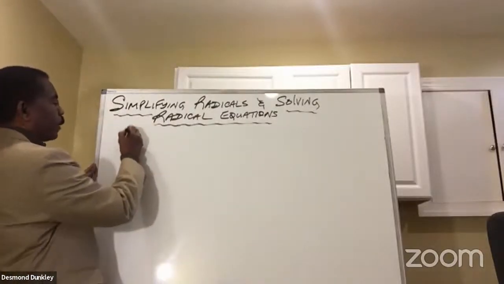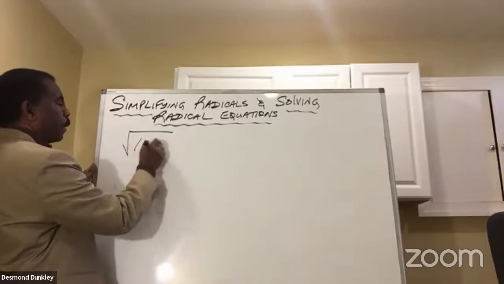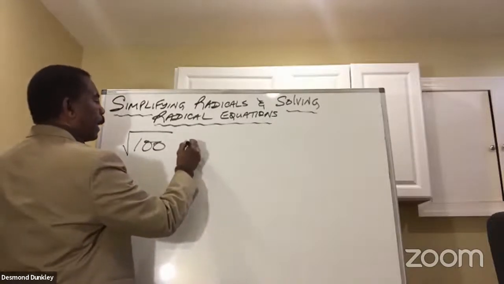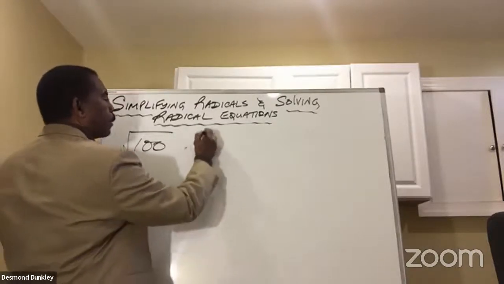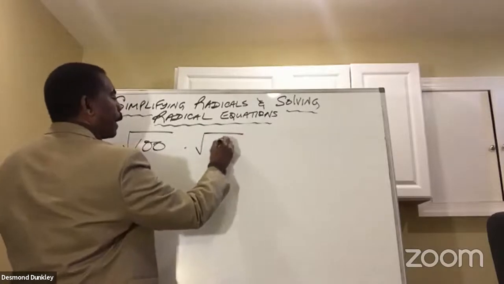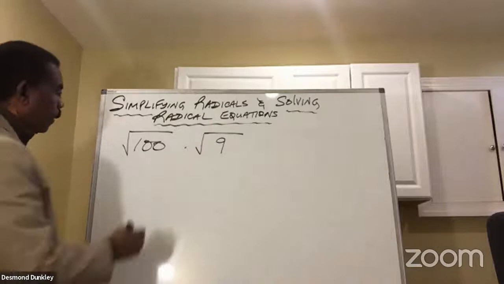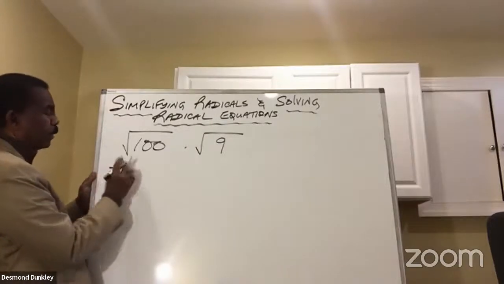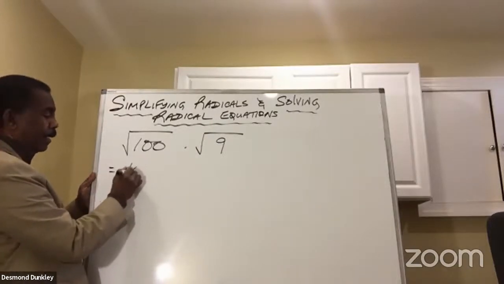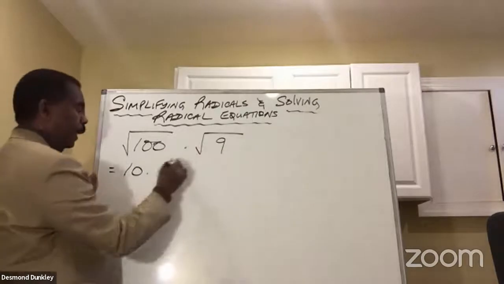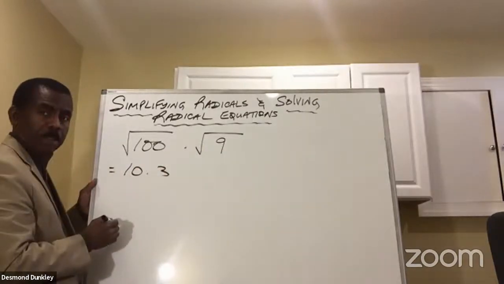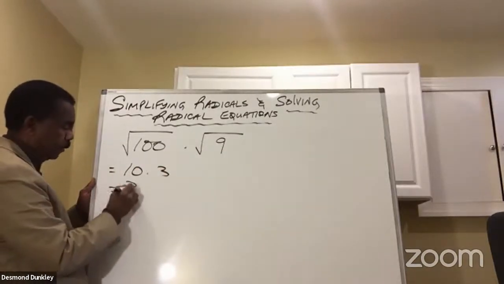If I ask you for the square root of 100 times the square root of 9. We know the square root of 100 is 10. The square root of 9 is 3. That's equal to 30.